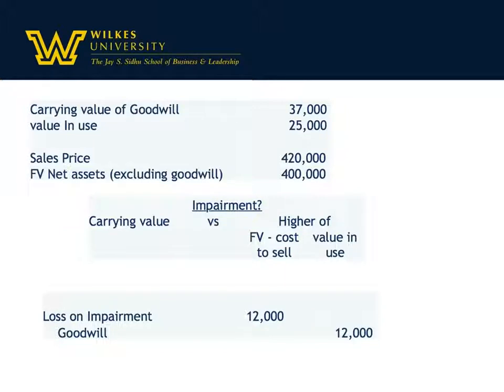So if goodwill goes back up, it's probably because we generated it internally. There's a chance it could be other issues, but we still cannot record any goodwill that we have generated while we have had the business. So we do not record any recovery of a loss on impairment. And that's how to record goodwill, measure impairment, and record any loss.